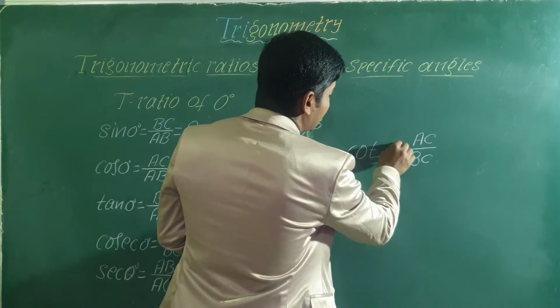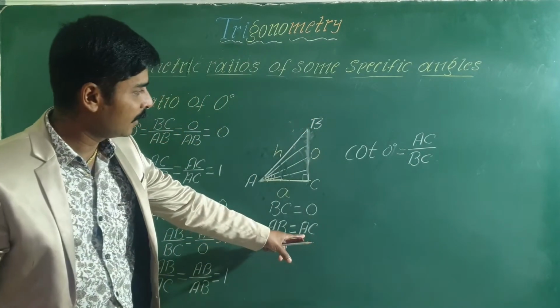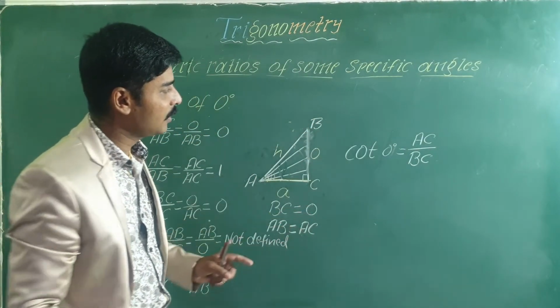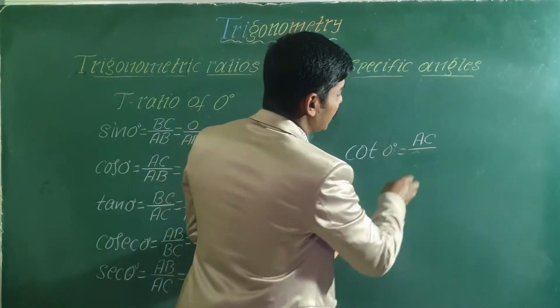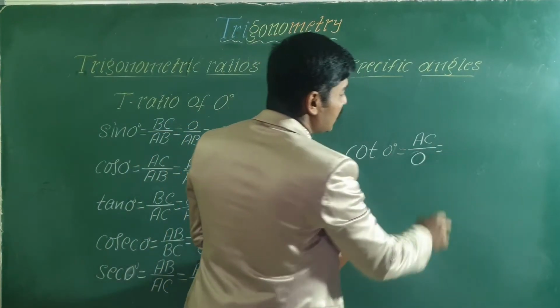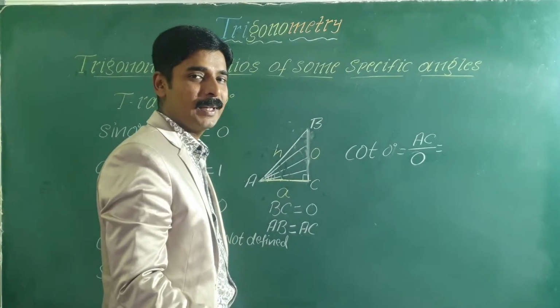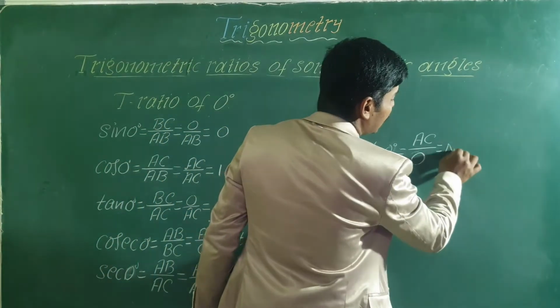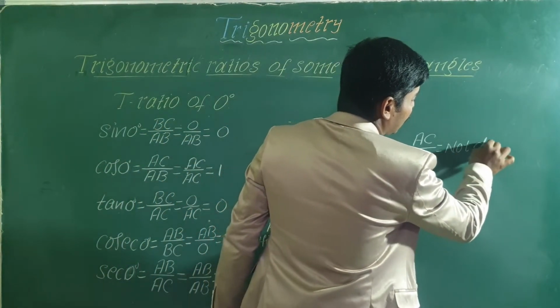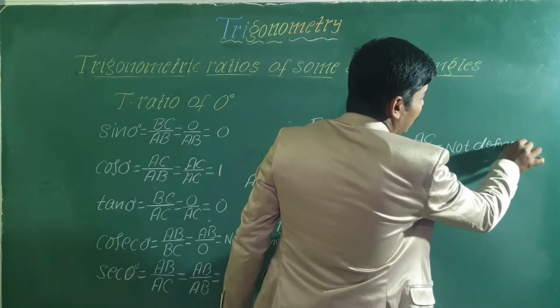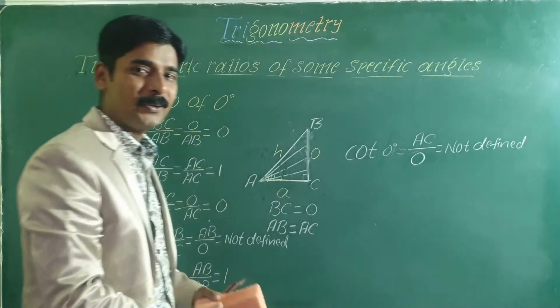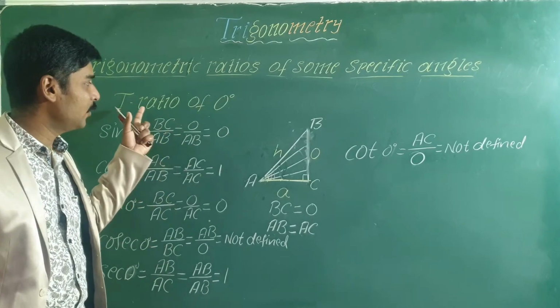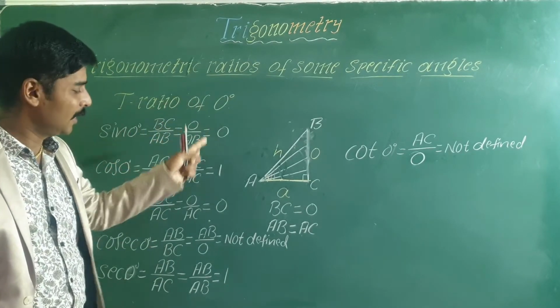Cot 0 degree is AC by BC. So BC is 0. So anything divided by 0 is what? Infinity or not defined. Hope you understood how to find the value of trigonometric ratios of 0 degree.